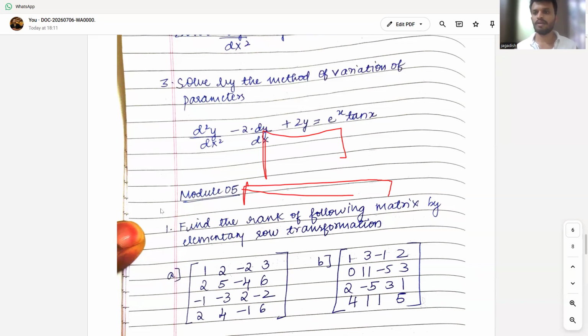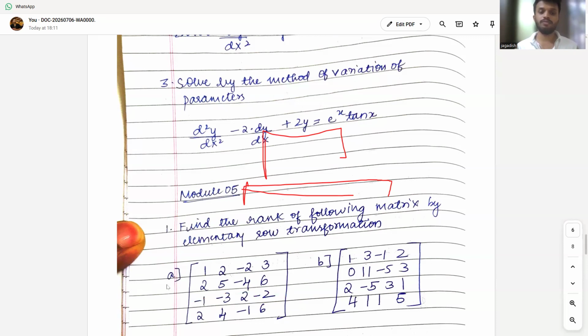Rank of a matrix is the number of non-zero rows in a matrix. A row that is completely zero is not considered for rank. Even if one element is non-zero, that's it. Only if it is completely zero will you not take that row into consideration for rank. Okay, so don't get confused. Don't reduce the rank just because one element is zero.